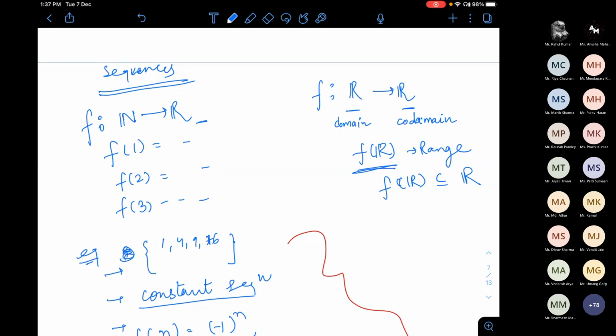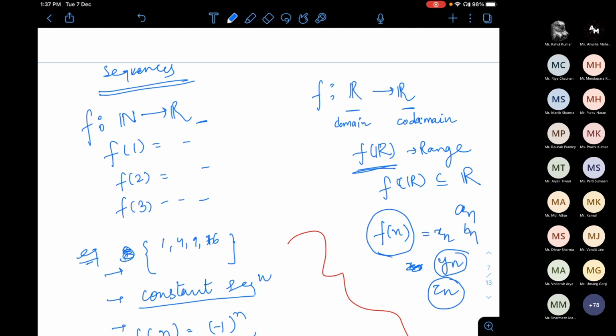Yes, ma'am. So its values are denoted by fn. In particular, I am writing that as xn because writing fn every time is very difficult. So xn, yn, zn, nothing but this means a sequence to me, whether a subscript n or b subscript n.